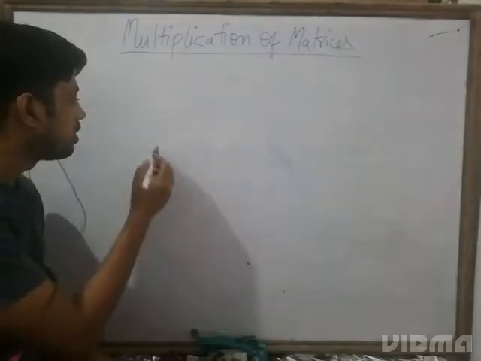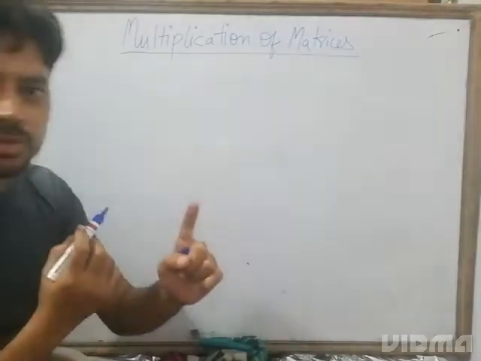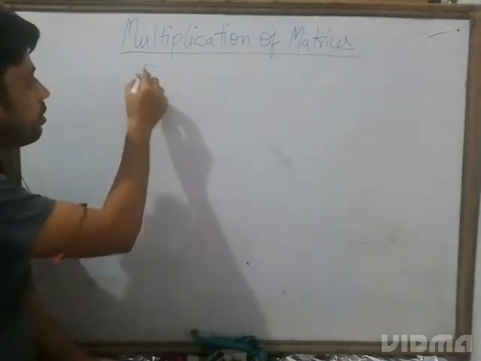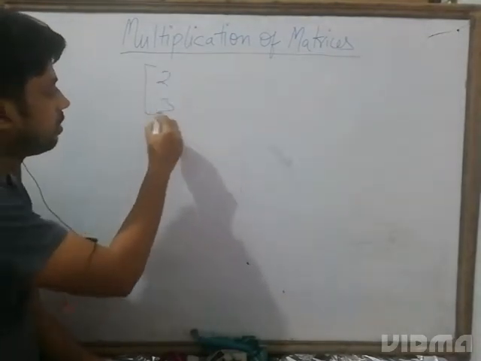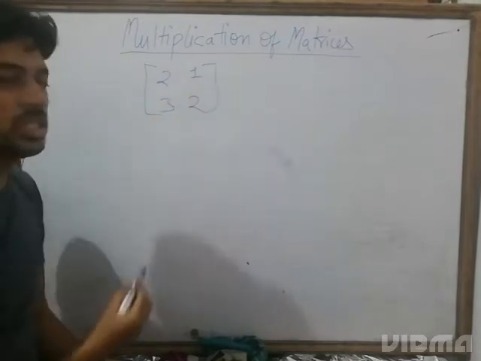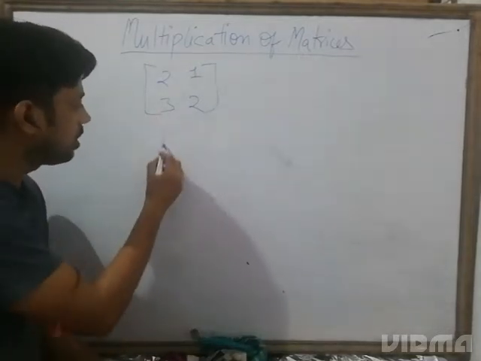Okay, so first of all, before multiplying matrices, we have to understand the order of a matrix. Suppose I have written a matrix over here. What is its order?